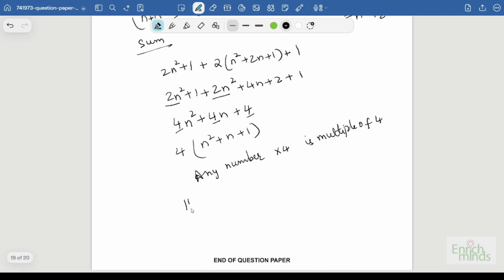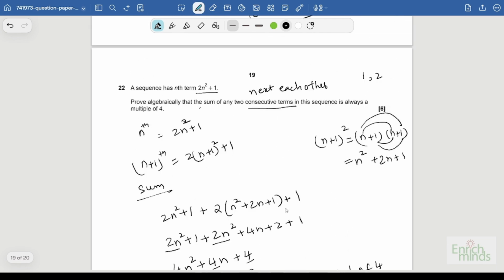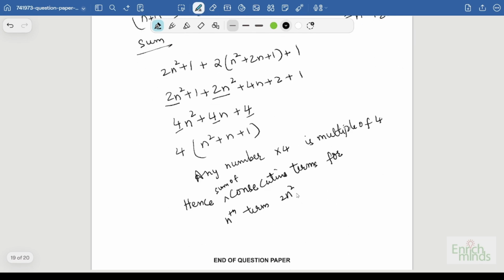So hence, I will write this as a final step: the sum of consecutive terms for the sequence with nth term 2n squared plus 1 is a multiple of 4.